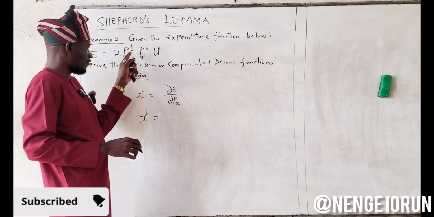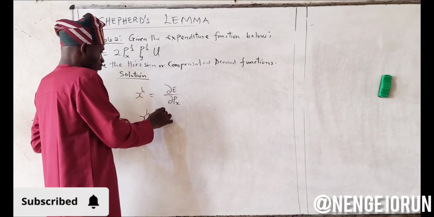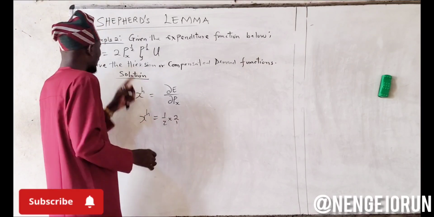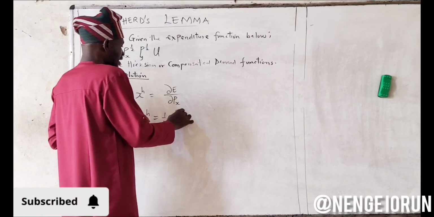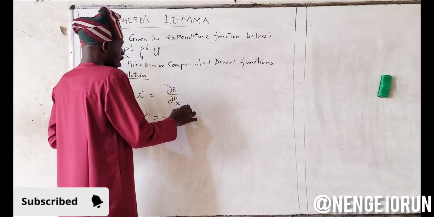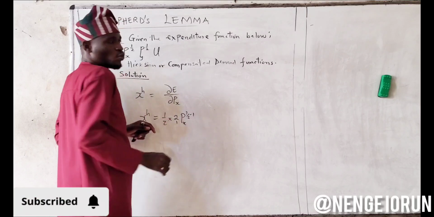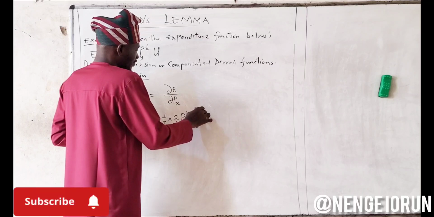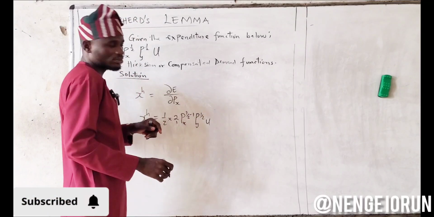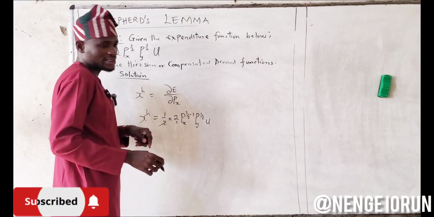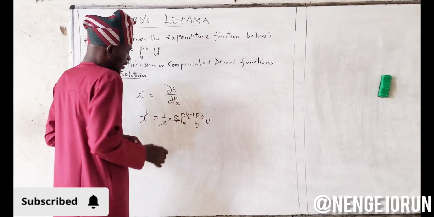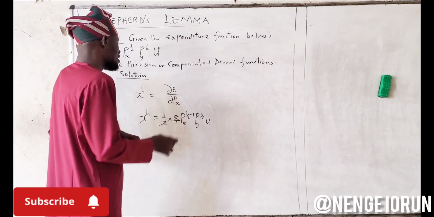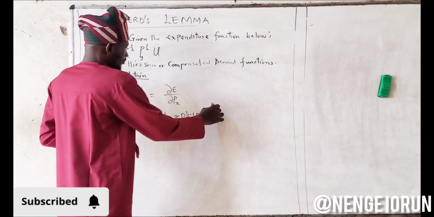Here you have the power of Px is half. 1 over 2 times 2 over 1. Then Px raised to the power of 1 over 2 minus 1. Py raised to the power of half, u. 2 cancels itself up and down. Now what you have here, half minus 1.